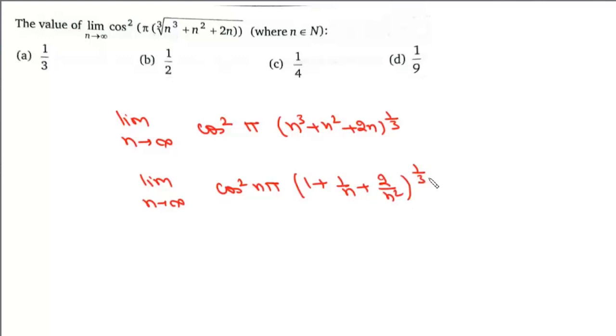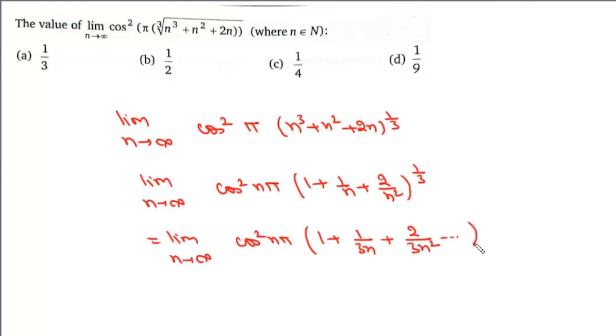Now what we'll do is we'll use binomial expansion. So we'll write this as limit n tends to infinity, cos²(nπ(1 + 1/(3n) + 2/(3n²) + higher powers of 1/n)).